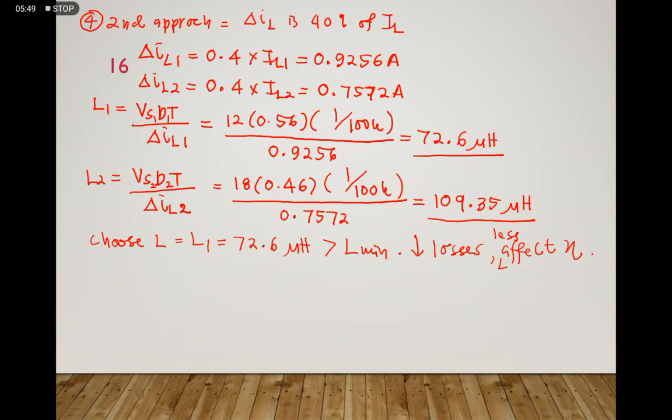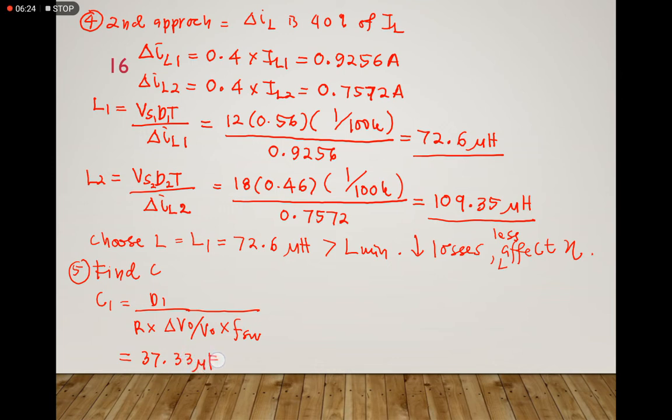Alright, finally we're going to find the value for the capacitor. So find C. Since the formula for the capacitor includes the duty cycle and we have two duty cycles, obviously C will be two as well. You substitute the value, you will get C1 equals 37.33 microfarad, and for C2 we are going to use duty cycle 2.